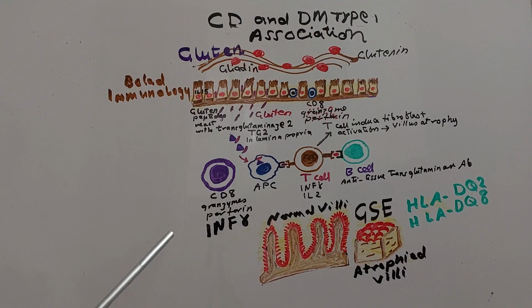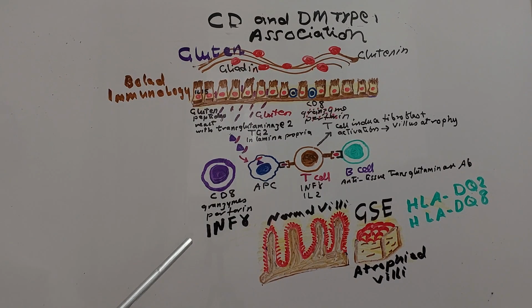So the classical tests, for example anti-gliadin or anti-endomysial antibodies, depend on detection of IgA and may become negative while the patient is truly a case of celiac disease.